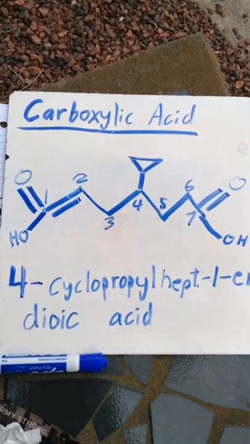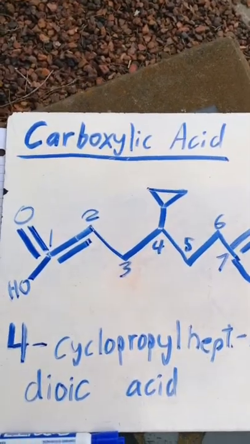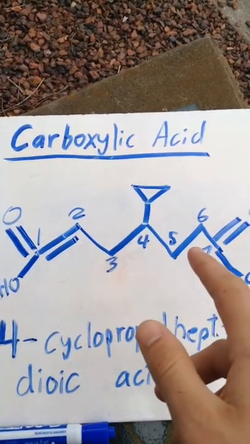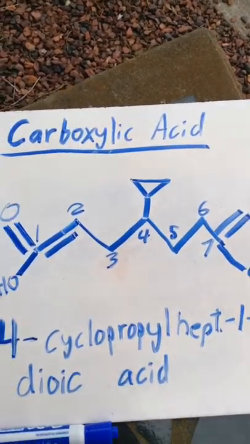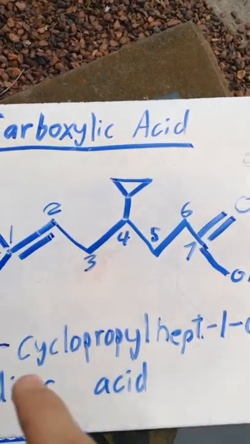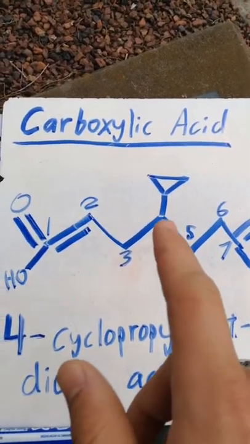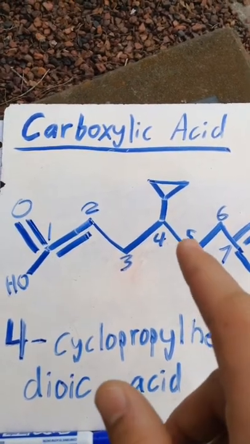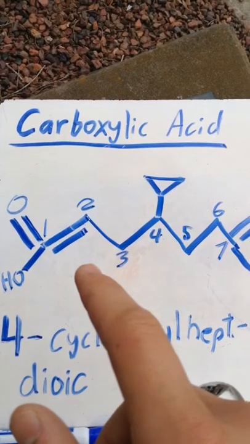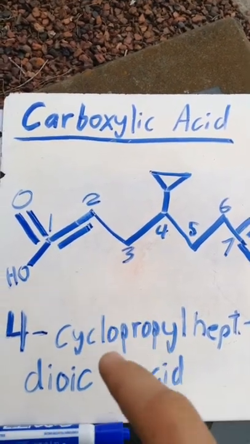Alright, here's another example of a carboxylic acid. And right here it's going to start numbering 1, 2, 3, 4, 5, 6, 7. And you have carboxylics at positions 1 and 7, so they're the bookends. Then you have a cyclopropyl at position 4, and then an alkene at position 1.